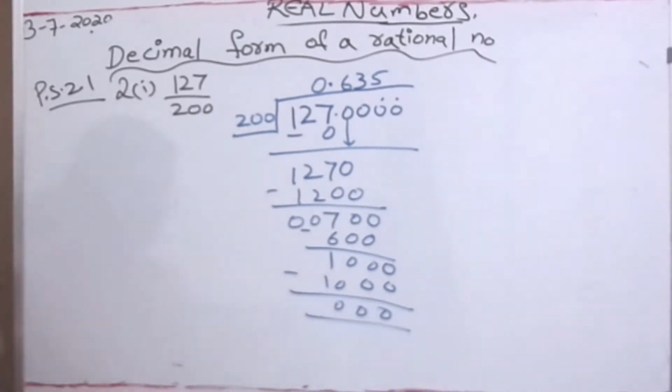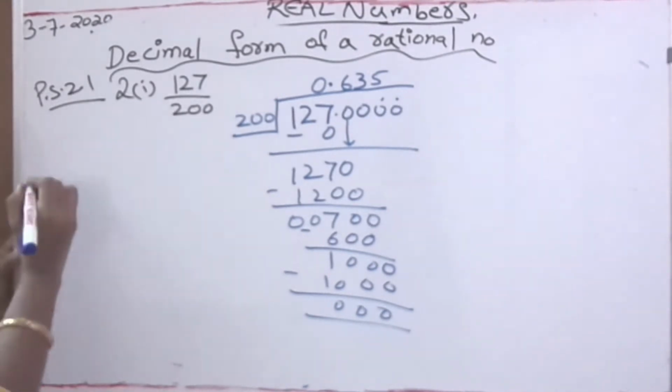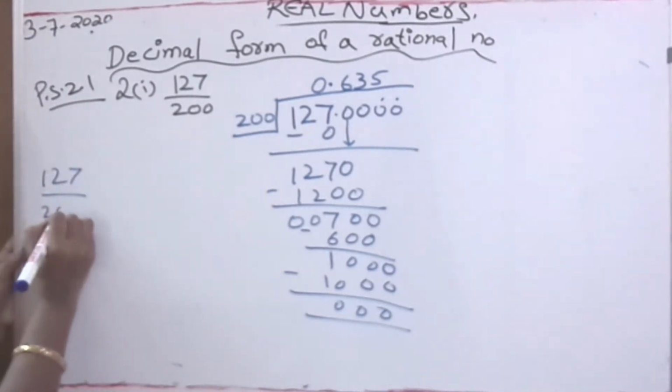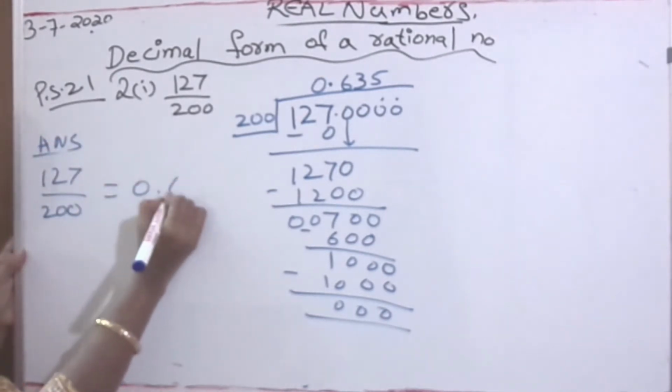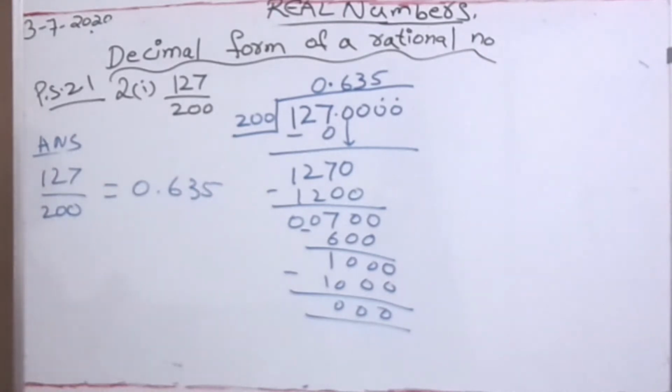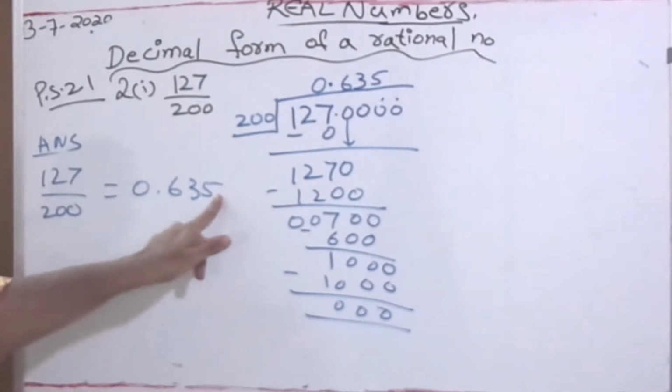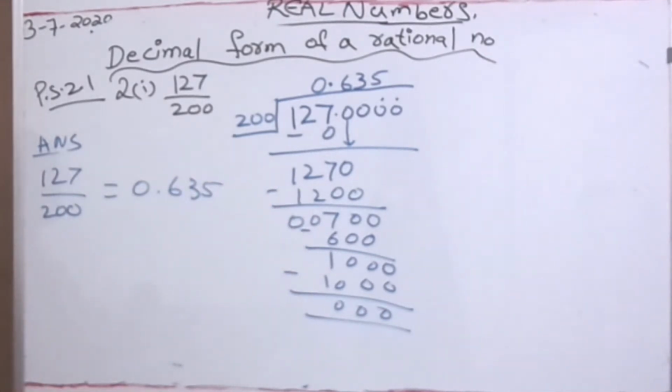So you get a remainder 0. So what is our first one? 127 upon 200. Final answer is equal to 0.635. It is a terminating decimal. It is getting over. So it's a terminating decimal form.